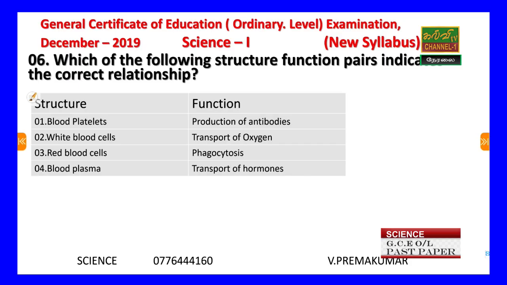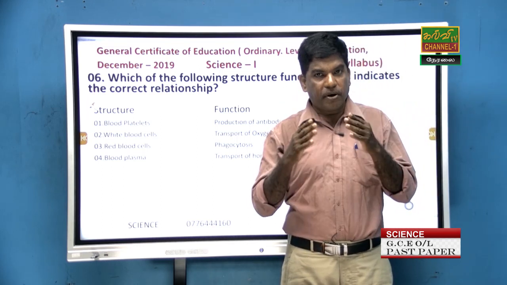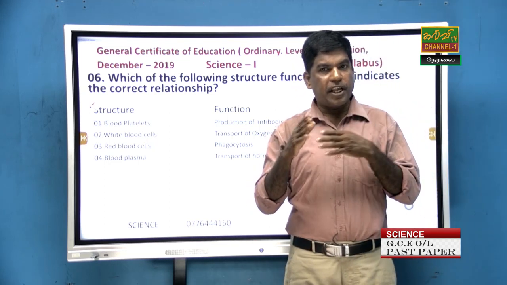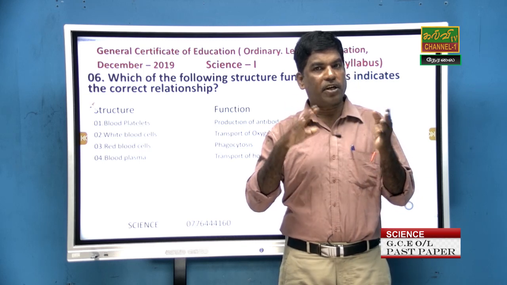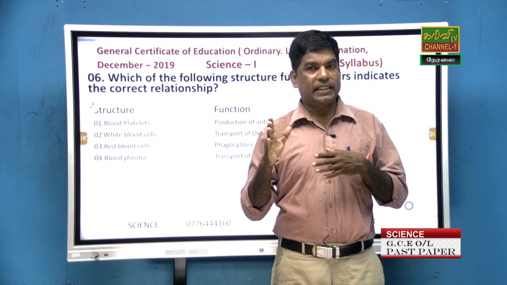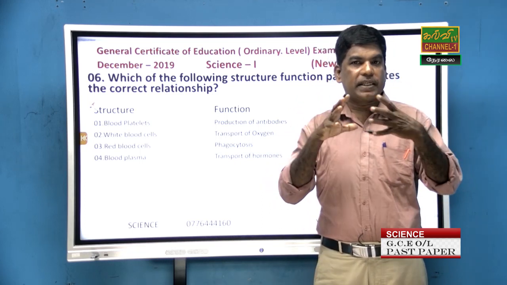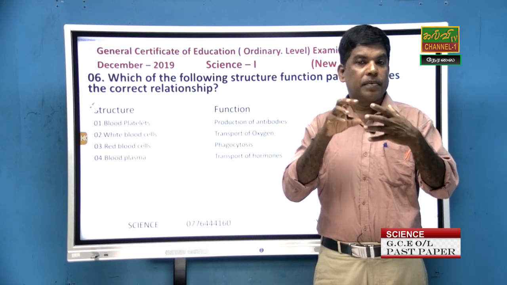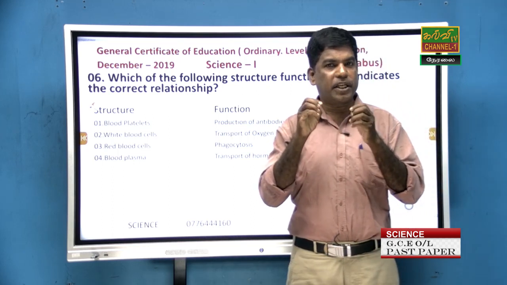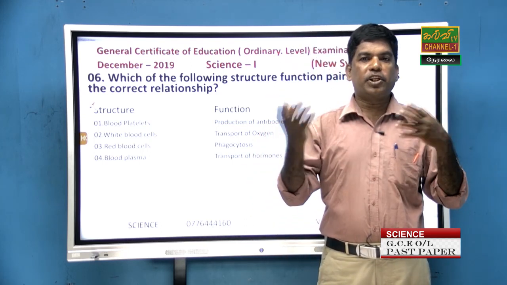Second one, white blood cells. White blood cells are important to fight against bacteria or fungus, the germs that cause diseases in our body, the pathogens. For example, the bacterial disease tuberculosis.